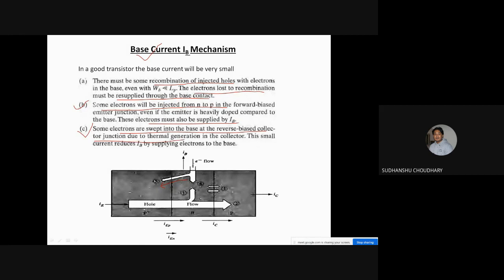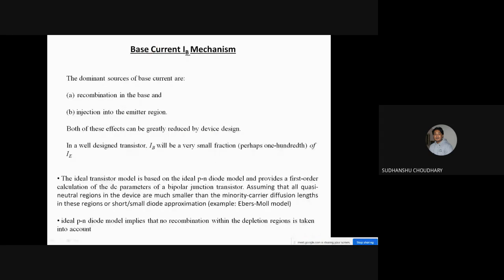That is these electrons coming from the collector. So because of which the base current reduces. The base current will reduce because of this effect. That is, some electrons are coming from collector to the base side because of the reverse bias junction across the collector base junction. Okay.